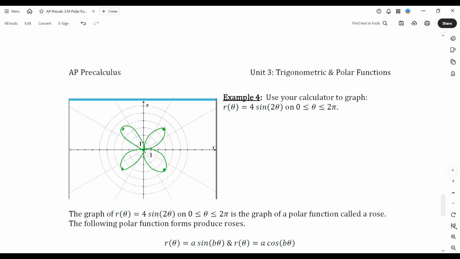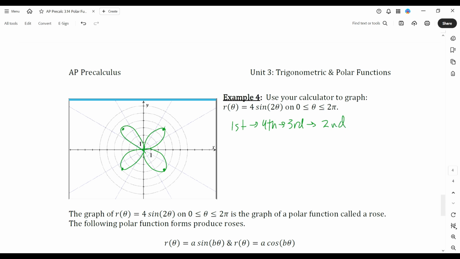So first quadrant, fourth quadrant, third quadrant, second quadrant. Up here, we went from the first quadrant to the fourth to the third to the second quadrant.